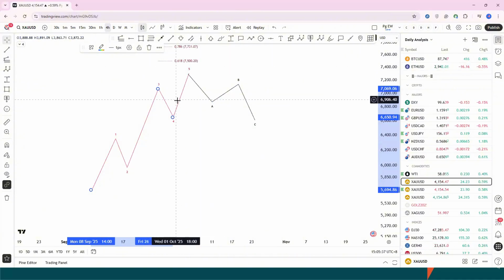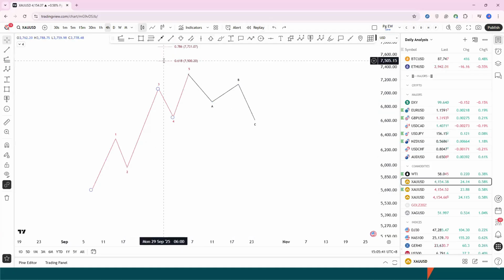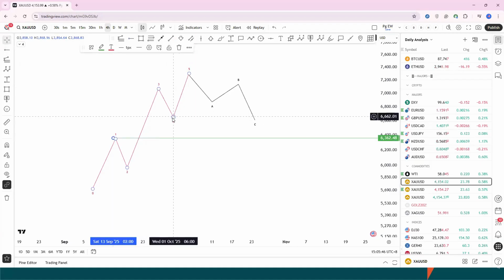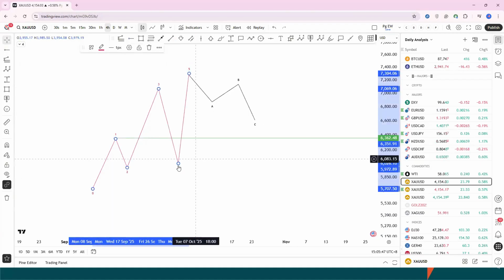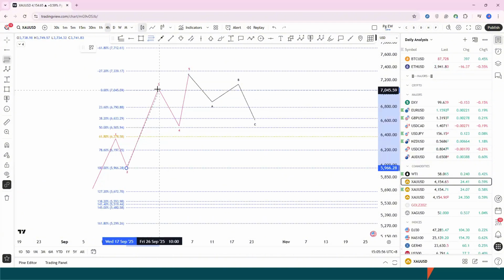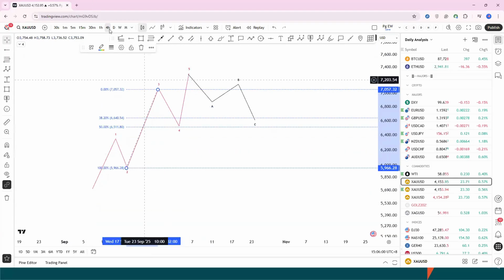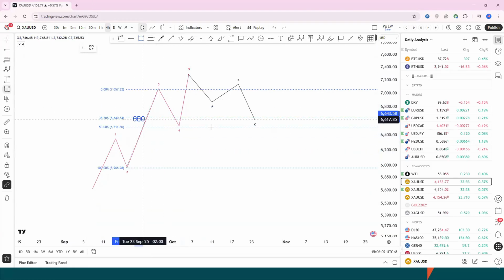Somewhere around here. Okay, and another one is wave 4. Wave 4 cannot overlap wave 1. It can retrace anywhere, but cannot overlap wave 1. If it does, meaning your wave count is wrong, it is not yet a wave. And usually wave 4 will retrace 38 to 50% of wave 3.